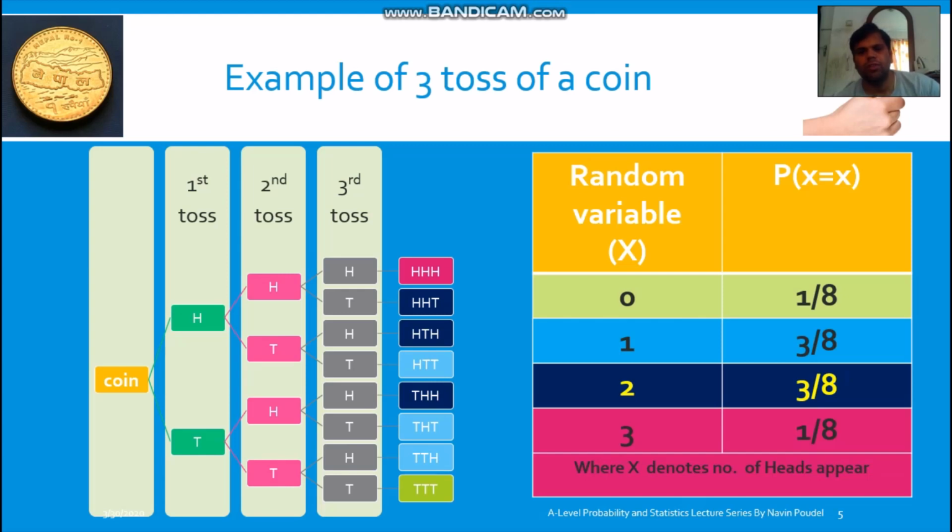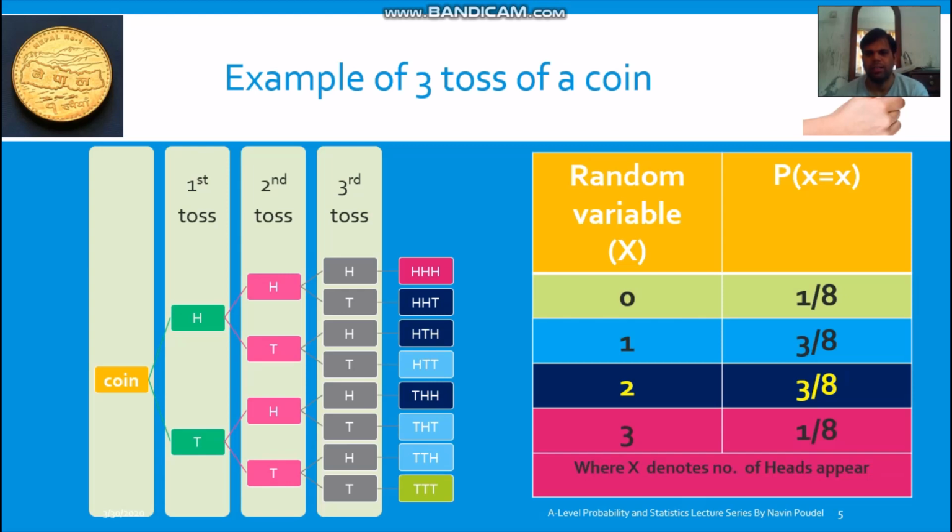If we tabulate this information, the random variable X equals 0 means no head, and no head gives you only one option, shown in green color, tail, tail, tail.